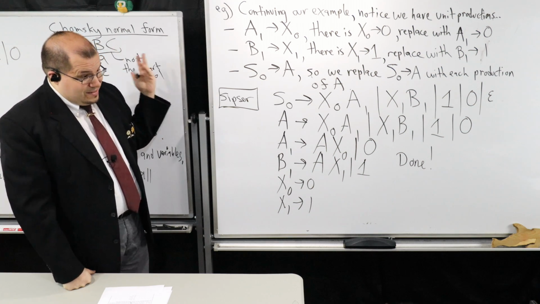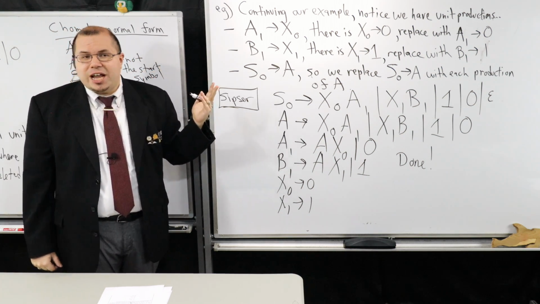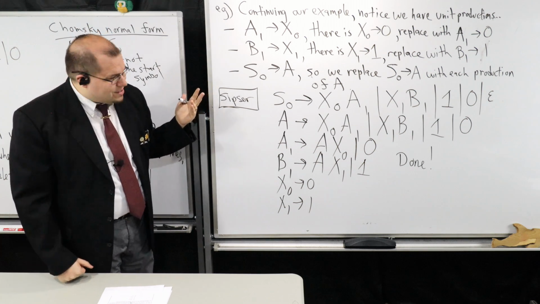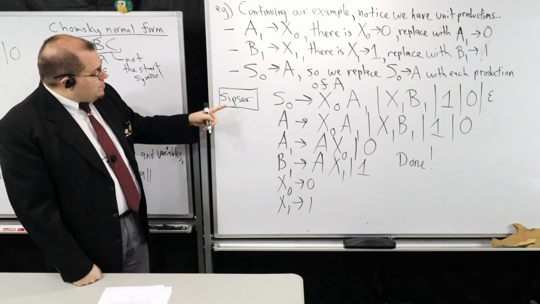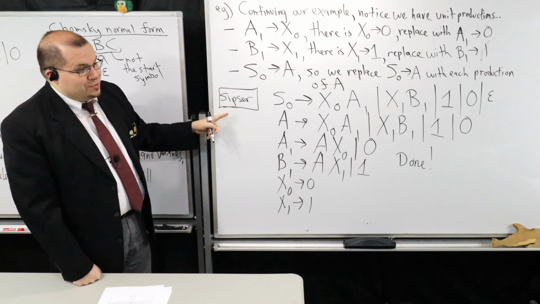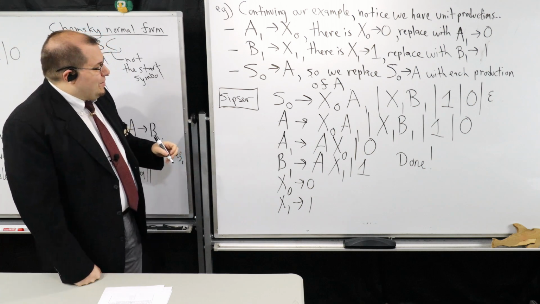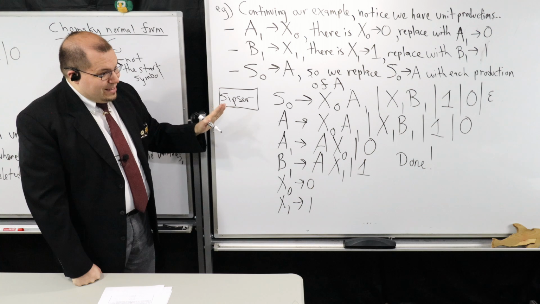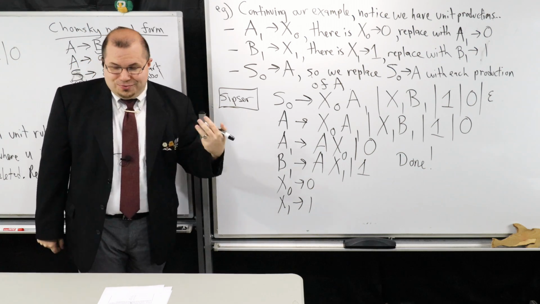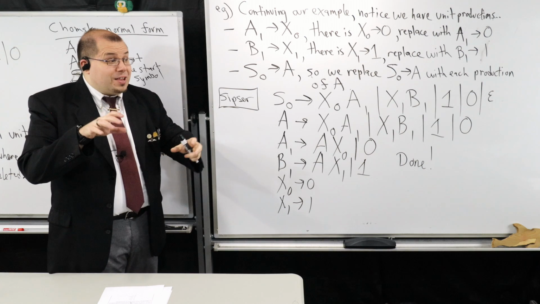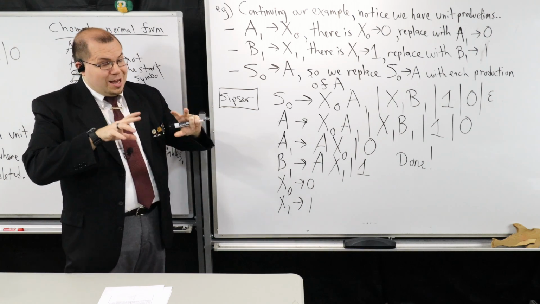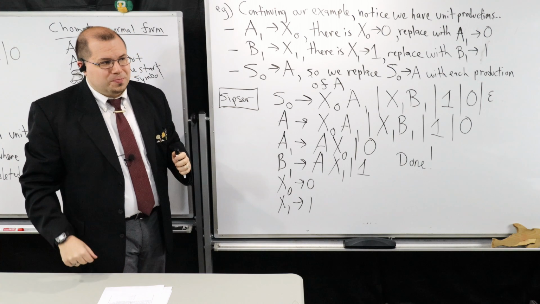It's the same things I've just described here. They just changed the order of them, just ever so slightly. And the one that comes out of this actually could blow up to be potentially exponentially larger. So I only warn you that the order in which you do these really does matter, but there actually is some flexibility for the order in which you apply these to get a Chomsky normal form.